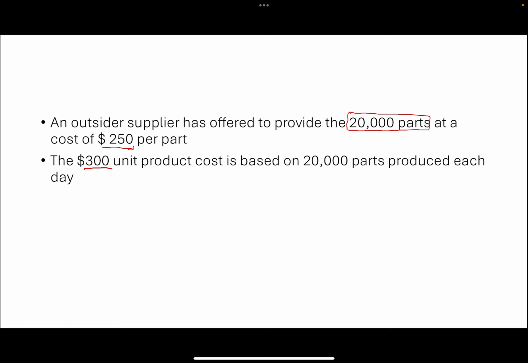This also depends upon the number of parts produced. If the number of parts produced by the company is high, then the unit production cost can be brought down. But for 20,000 parts, if it manufactures on its own, it will cost $300 per unit.